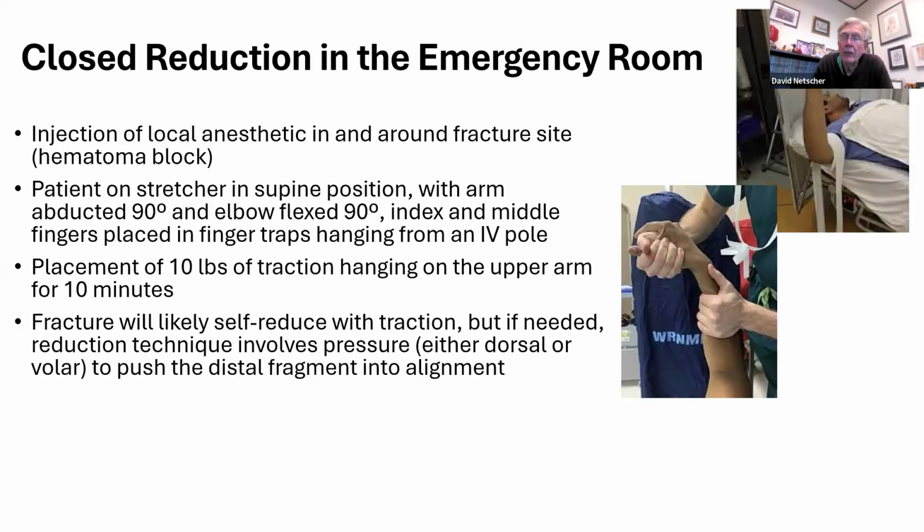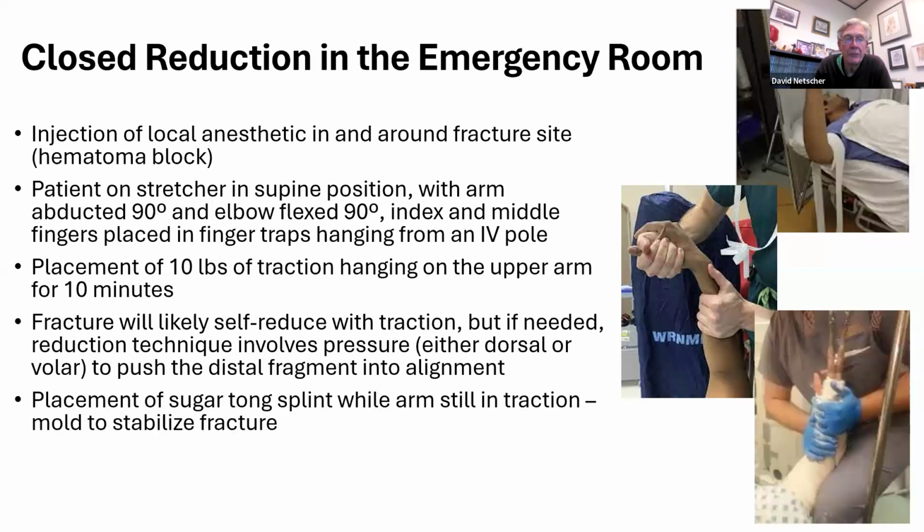And the fracture often will just reduce itself when left hanging. If needed, closed manipulation and reduction implies then pressure, either dorsal or volar, depending on the distal fragment, whichever way it's pointing, to push the distal fragment into alignment.